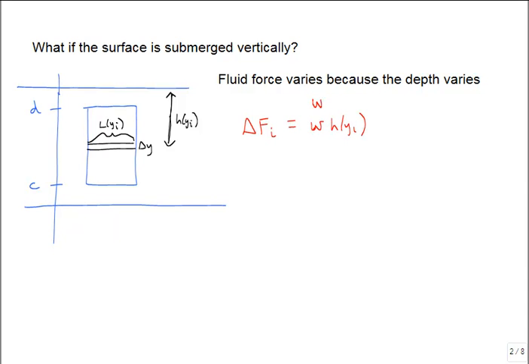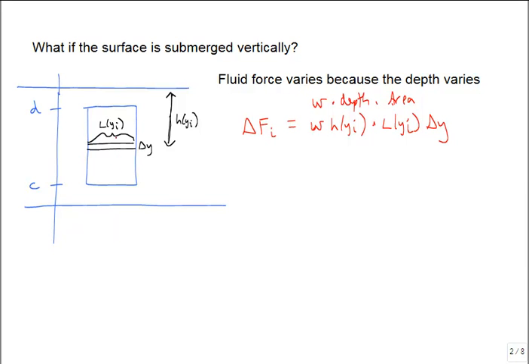So this is that W times that depth times our area. Now what would be the area of this? Well, this little slice is in the shape of a rectangle, so we need its length, which is our L of y sub i times its thickness, which is our delta y. So this is the amount of fluid force in just that slice.